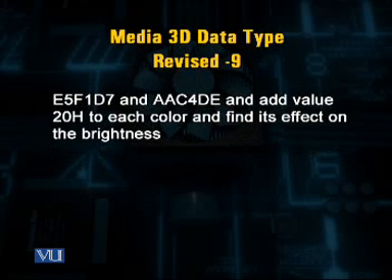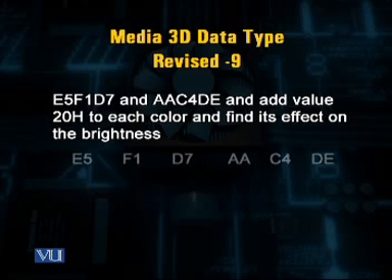Now, in order to explain this, let us consider 2 example pixels, that is, the pixels represented by the values E5, F1, D7, and the second pixel AA, C4, DE.